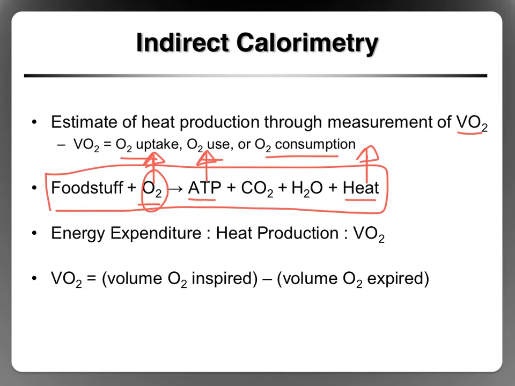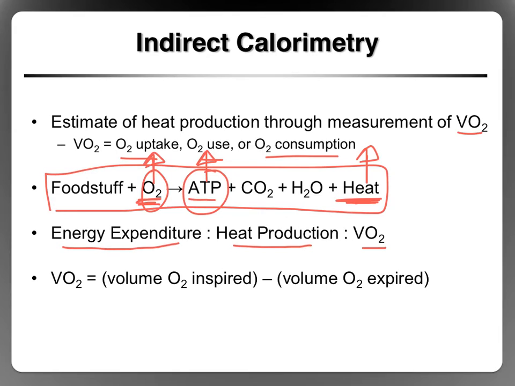So instead of measuring heat production directly, we measure oxygen consumption, and we use it to estimate heat production, which we then use as an estimate of energy expenditure. Okay, so energy expenditure, heat production, and VO2 are all directly related to each other, and so knowledge of one would allow you to predict the other.